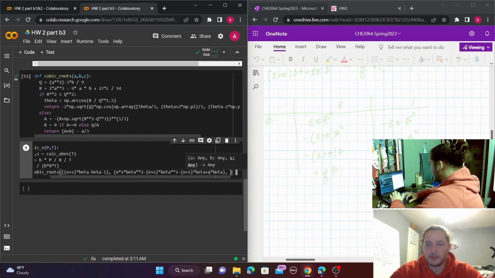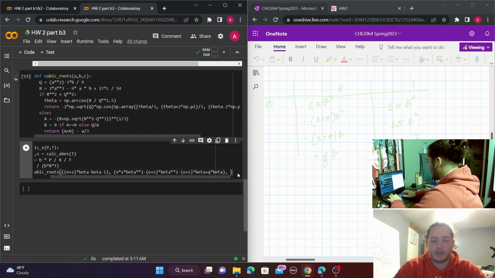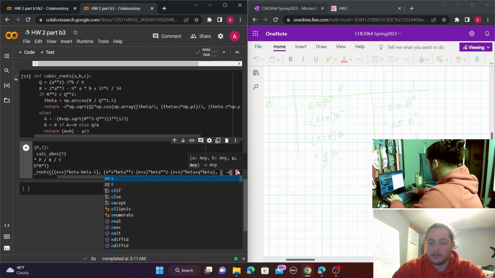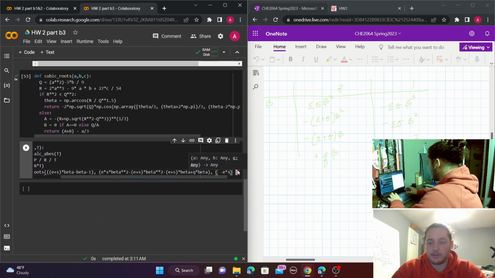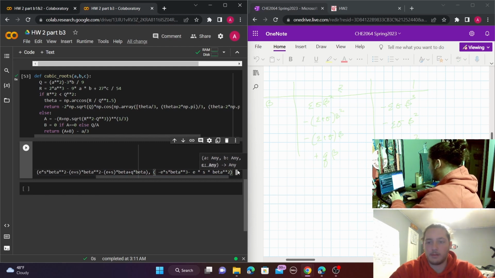And lastly, we're moving on to our C3. So we can begin with minus epsilon times sigma times beta cubed, minus epsilon times sigma times beta squared, and lastly minus q times beta squared.